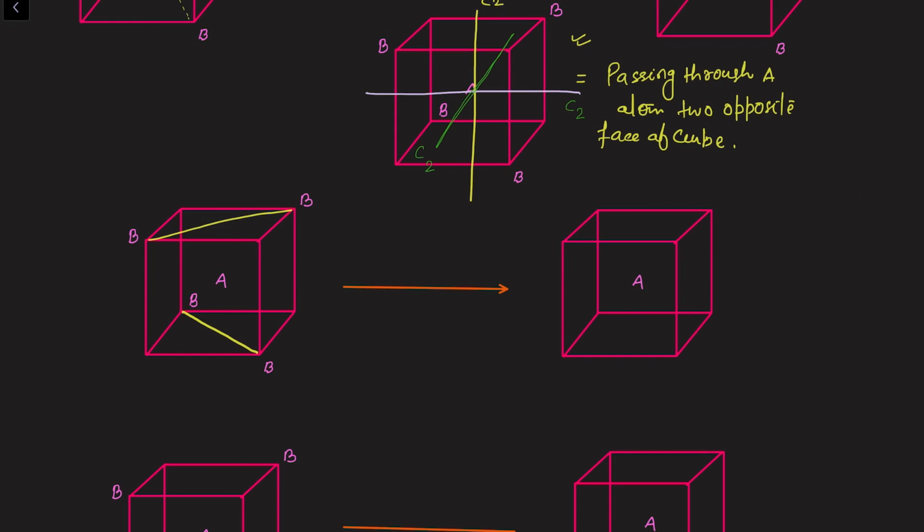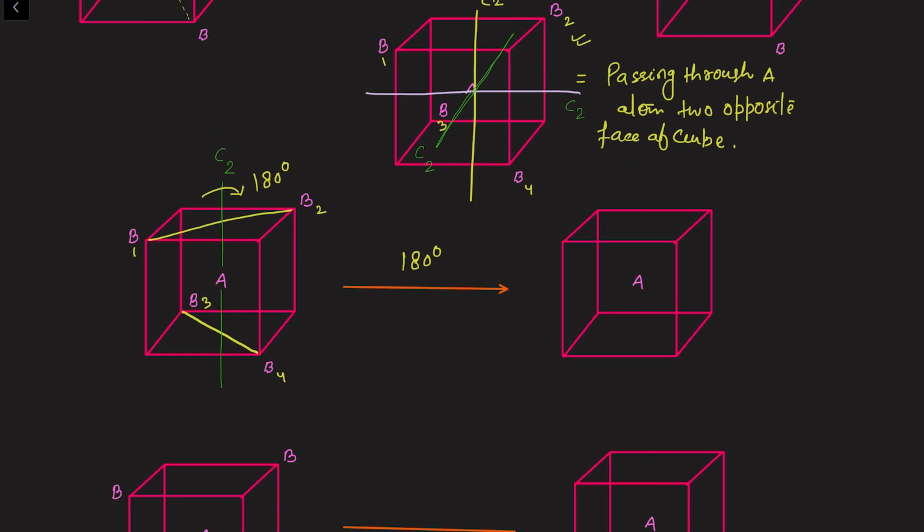Now we are going to perform this C2 operation about a C2 axis which is passing through A and two opposite faces. Now rotate this molecule by 180 degrees. C2 means rotation by 180 degrees. Before rotation, mark the B atoms B1, B2, B3 and B4.